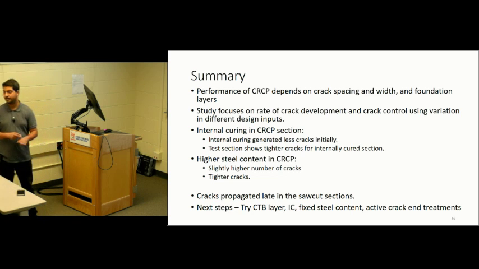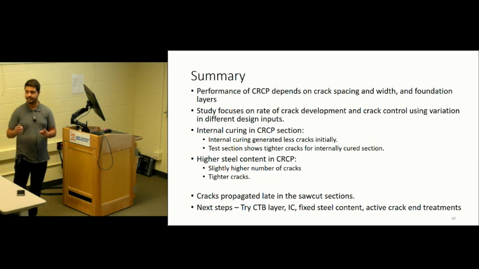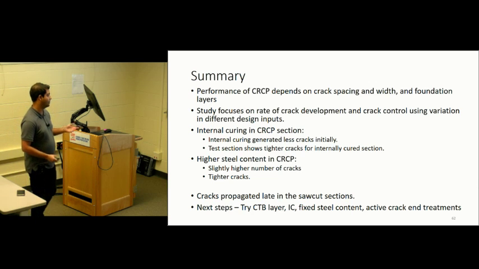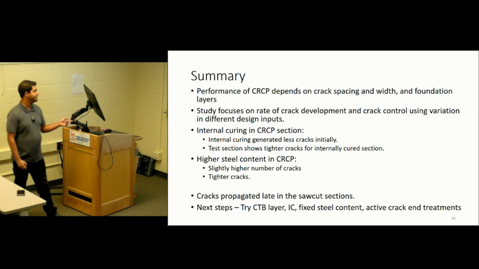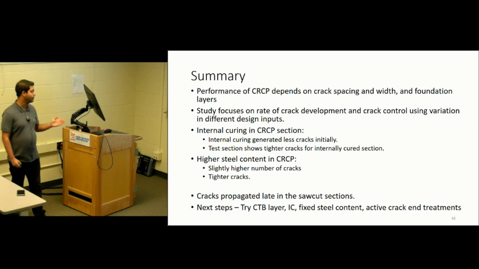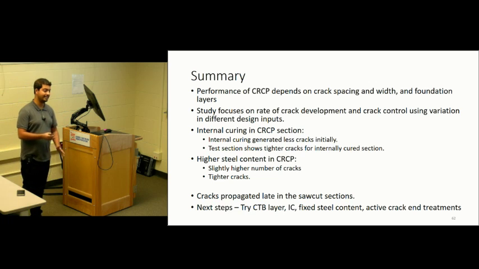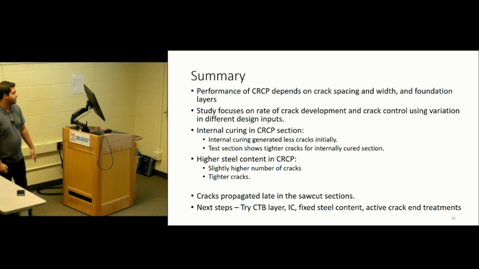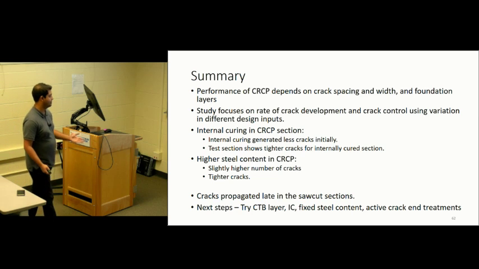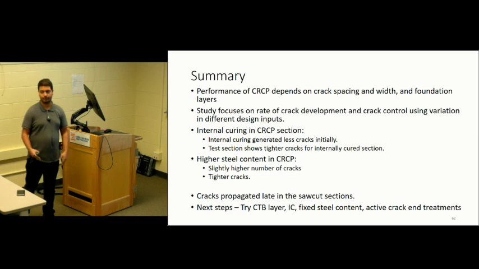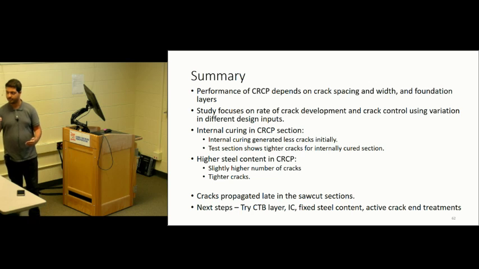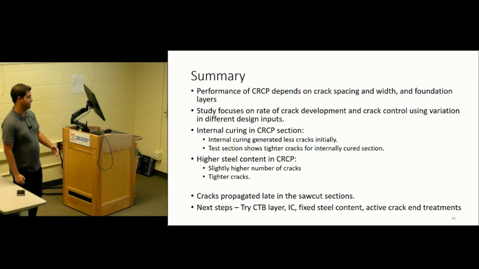It initially creates a lower number of cracks that are tighter, so it has very good potential in the future. Higher steel content, although it's expensive and has a slightly higher number of cracks, also provides tighter cracks. And active cracking is not doing as much as we were expecting. We expected most of the cracks to pass through active cracking, which we have not seen yet.